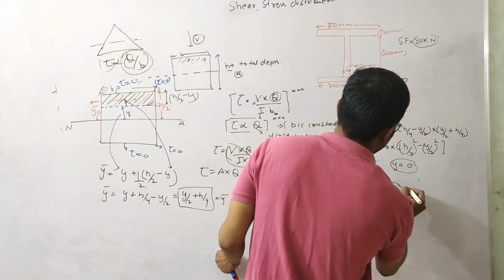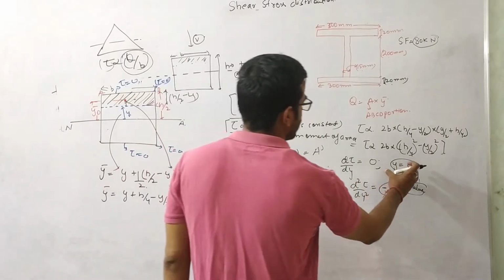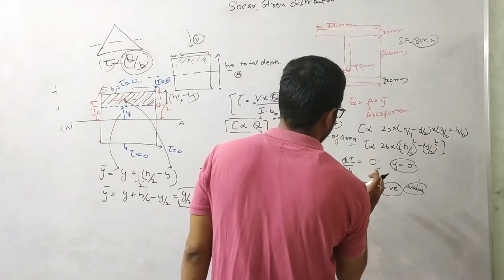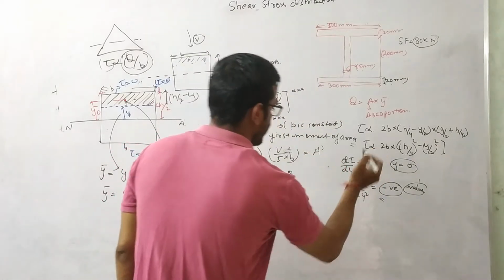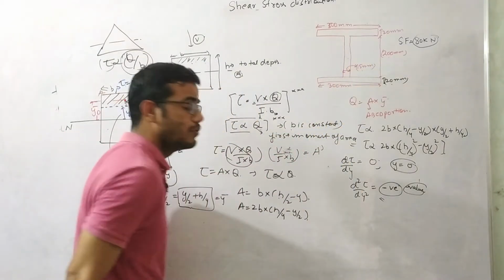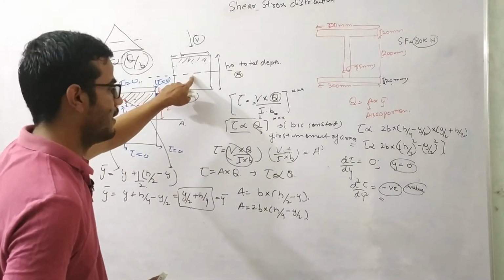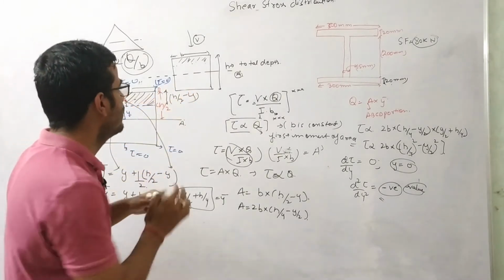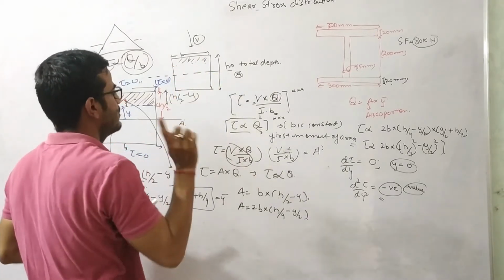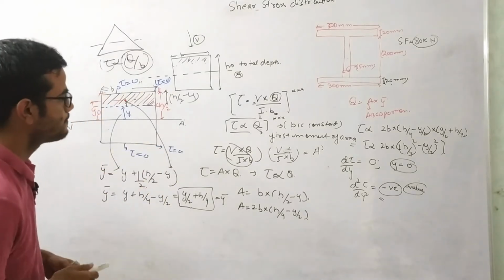That shows that at y equal to 0 my stress will be maximum, because the second derivative is negative. So at this neutral axis the shear stress will be maximum, because y is 0 at the neutral axis. If in the structure b is constant, my shear stress will be maximum at the neutral axis. This we got from here.